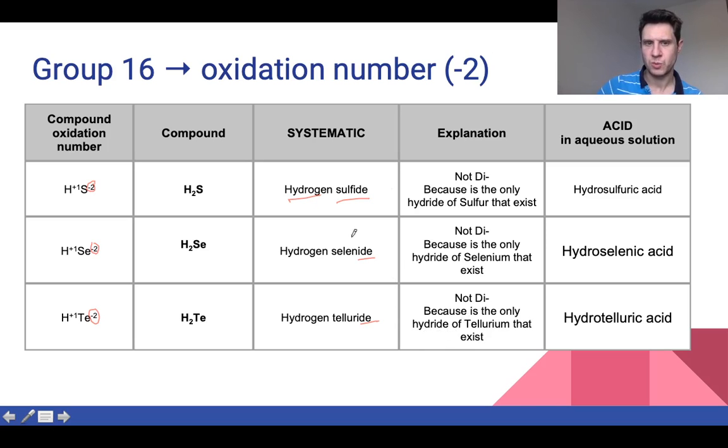And what happens when we put it with water? This compound is called hydrosulfuric acid, or ácido hidrosulfúrico. Again, with hydrogen selenide, hydroselenic acid, and hydrogen telluride with water has this name, hydrotelluric acid.